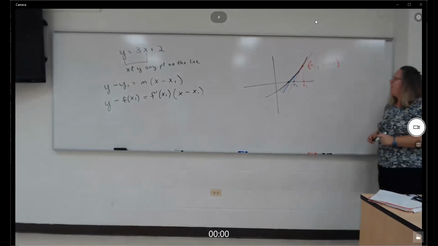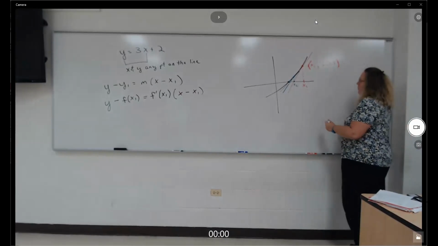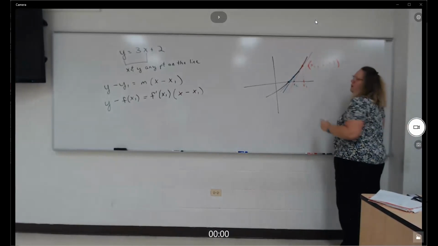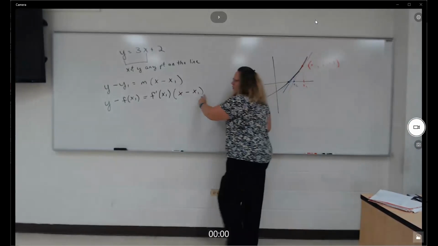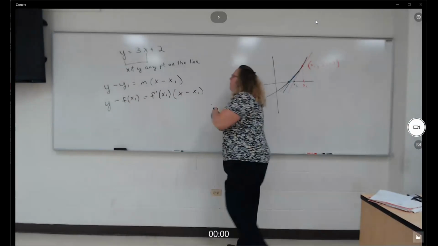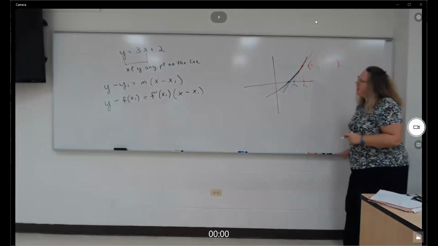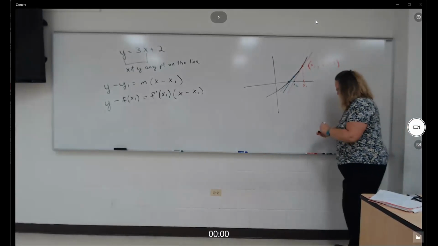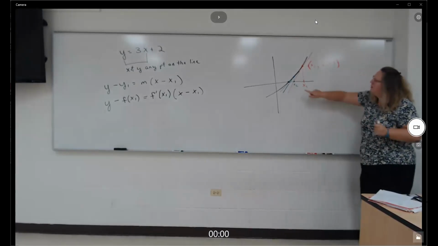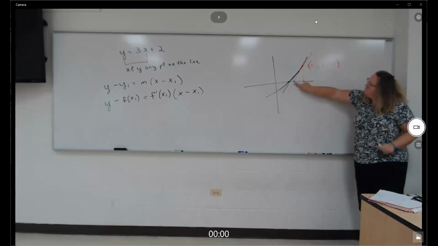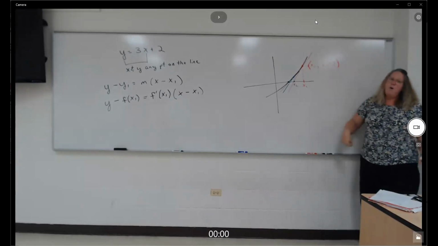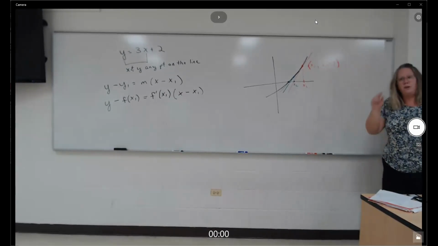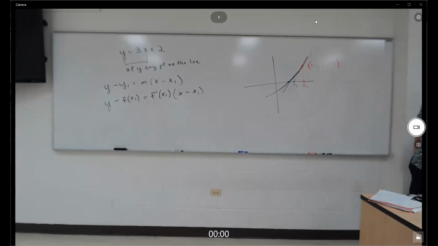Now, what else do I know about this blue point? So this is kind of my equation here, but there's something else I'm going to know. Let's talk about this guy here. If I want x2, that's what I'm looking for, what do I know about the y?